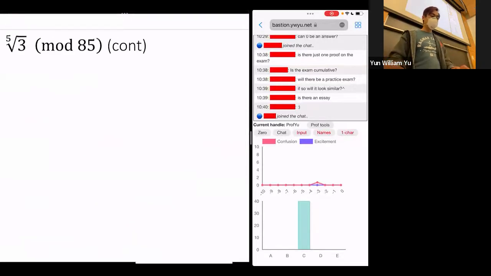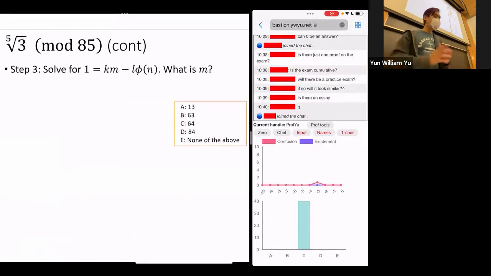So what's step 3? What is the value of m? So we need to solve for 1 is equal to km minus l times 64. What is m? And let me zero out the chat.